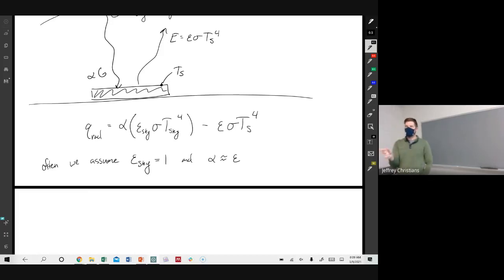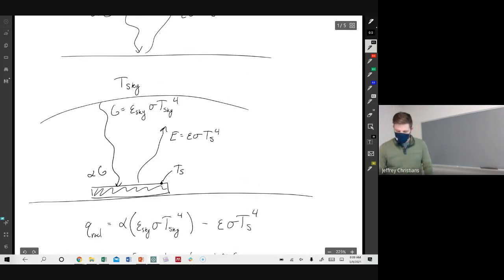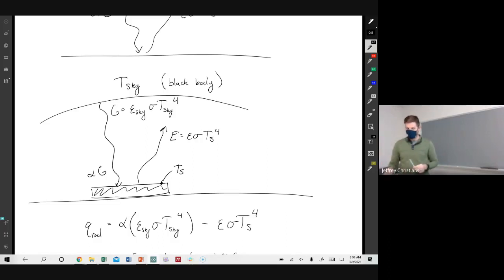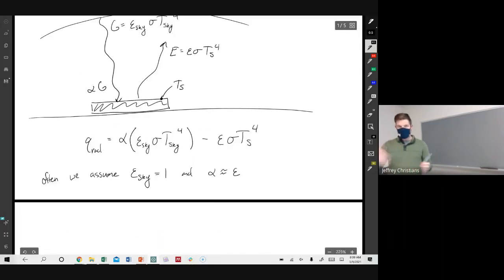That's most commonly the case. And it's also often a pretty good approximation that something like the sky, even a wall, is pretty close to a black body. So usually we say, let's assume that's a black body. So the thing emitting up here would be a black body, which means the emissivity is 1.